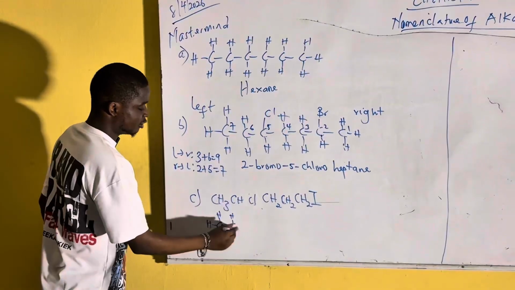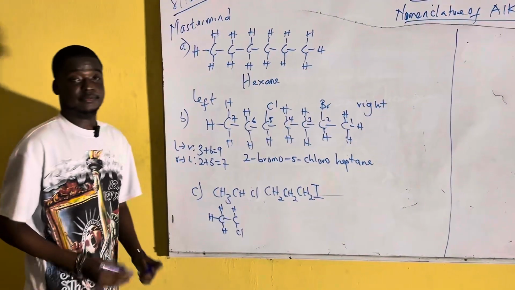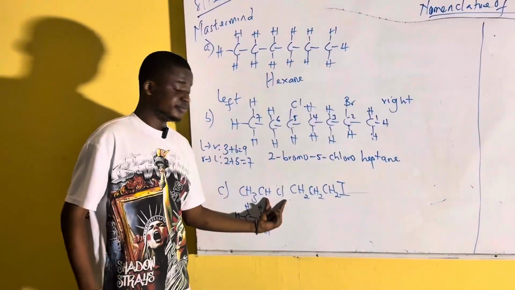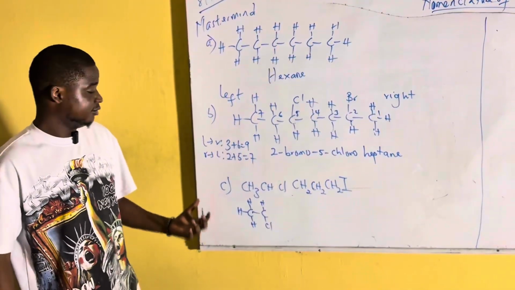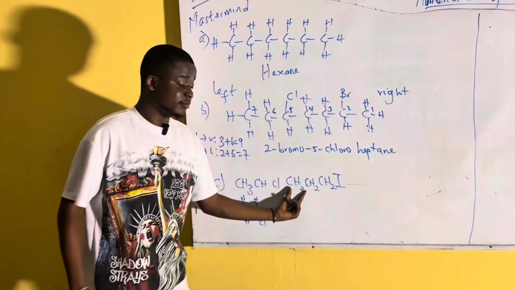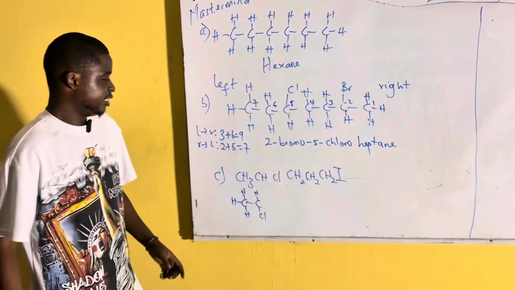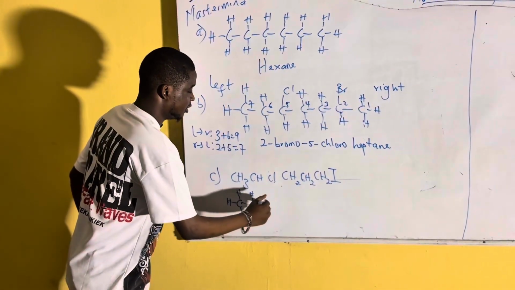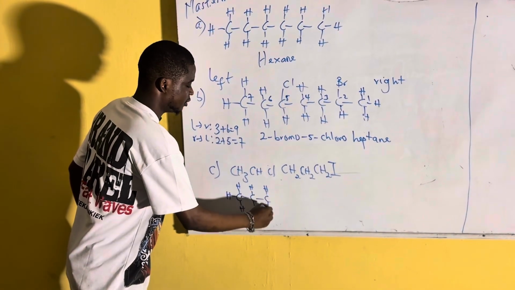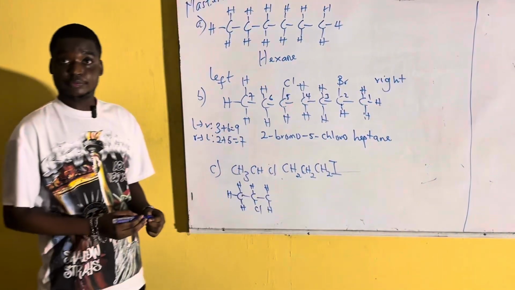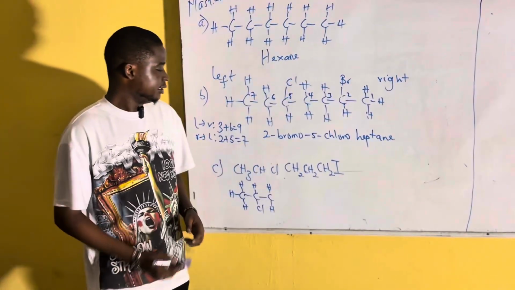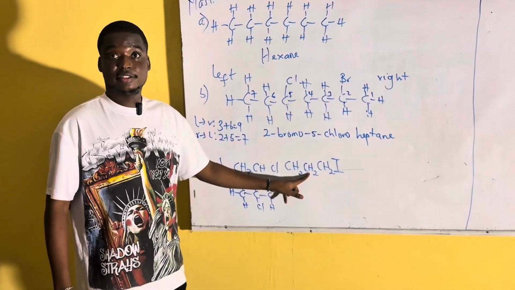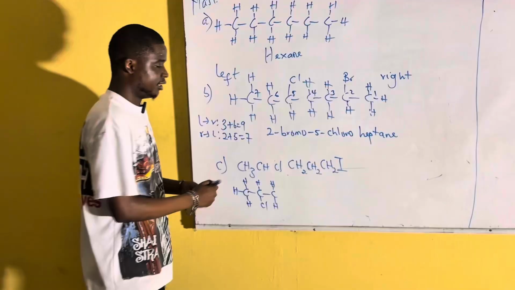CH, and then this chlorine Cl. So we are done with this term. The next term we are interested in is CH2. There is a bond between this carbon and this carbon. We have CH2, and then the next thing we'll do is CH2.